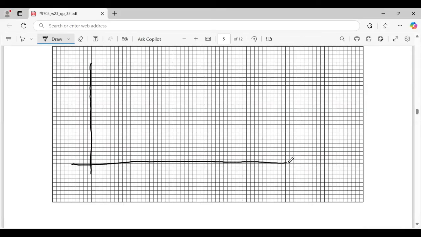You may use your ruler for this. This is the axis for square root of L minus S, and the unit is centimeters, while the vertical axis is for T, in seconds.